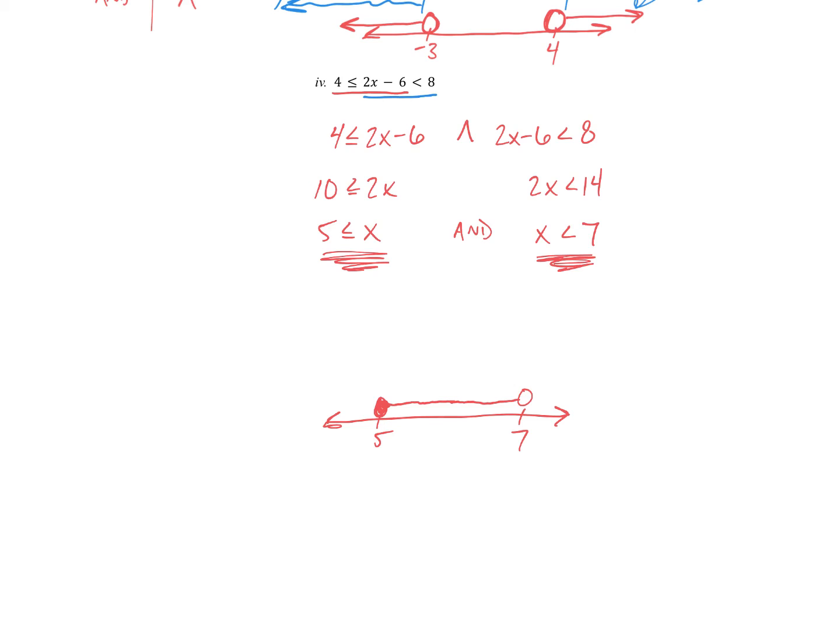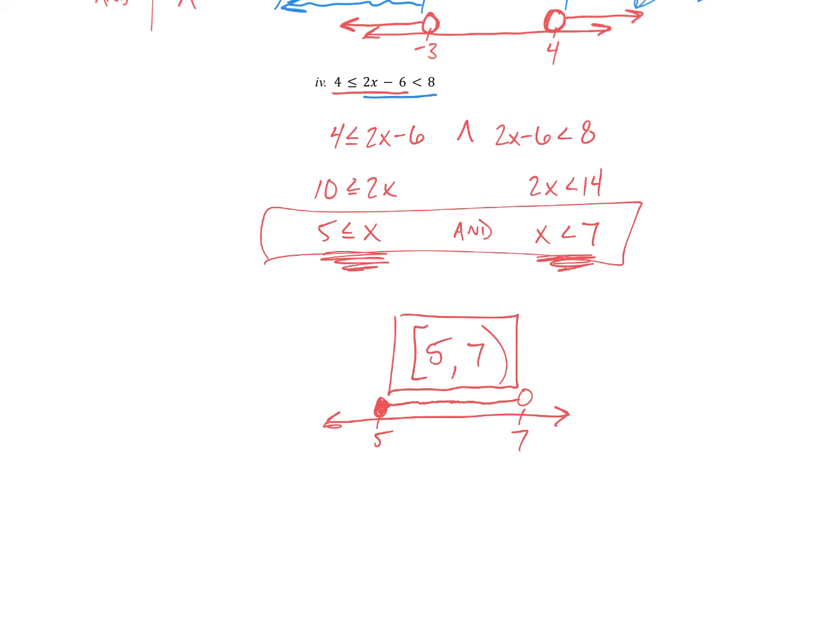And if I were to use interval notation here, I would say all the numbers from 5 to 7, can't include 7, but I can include 5. So that's one way to represent your solution. And of course, the graph is another way to represent your solution.